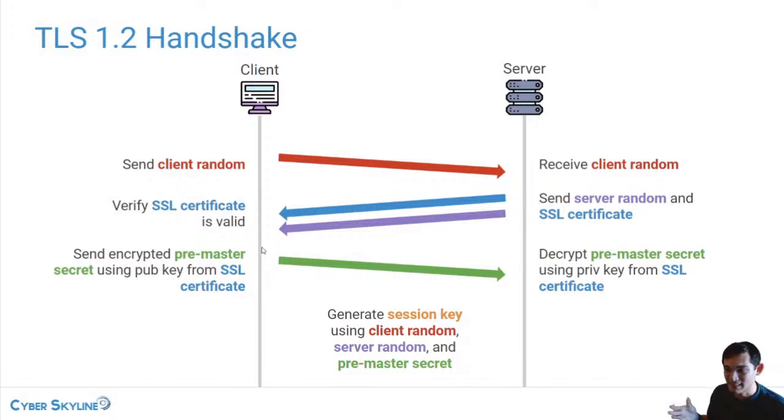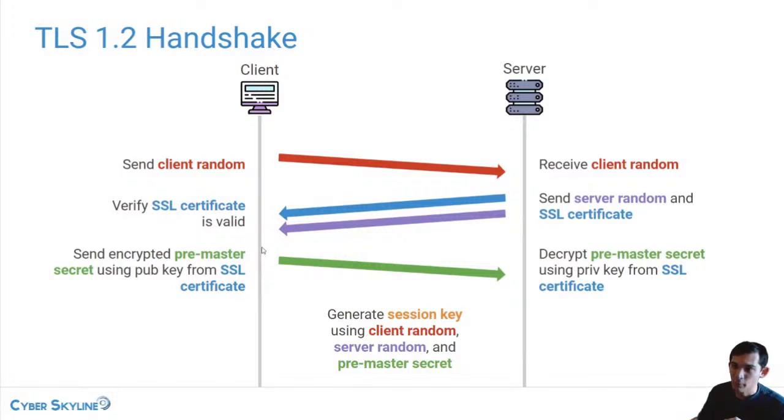And so instead they switch to using symmetric encryption, where this yellow session key is known by both the client and the server, and they both use the exact same key for encrypting and decrypting the messages they send back and forth. And so at this point, the public key and the private key from that SSL certificate are no longer needed. They're no longer going to be used in the SSL/TLS process.